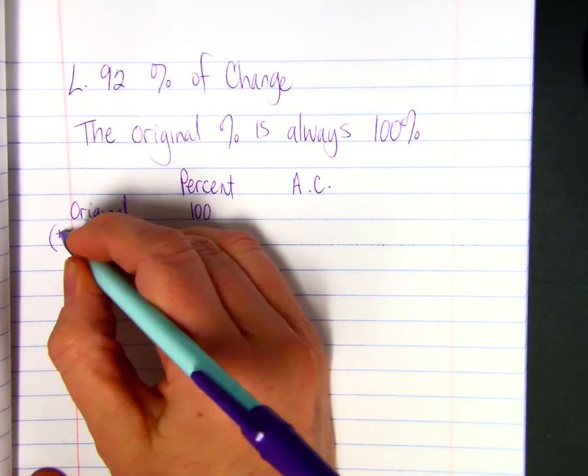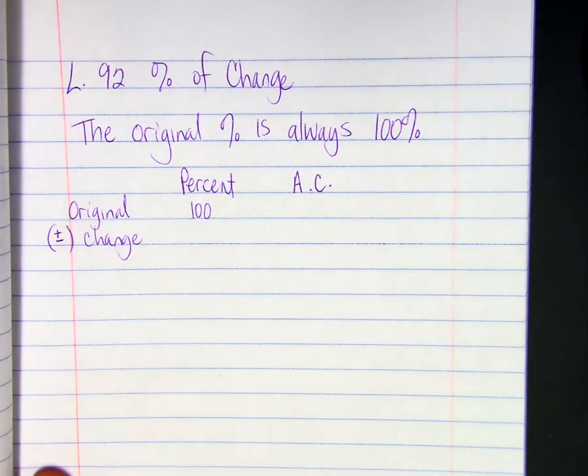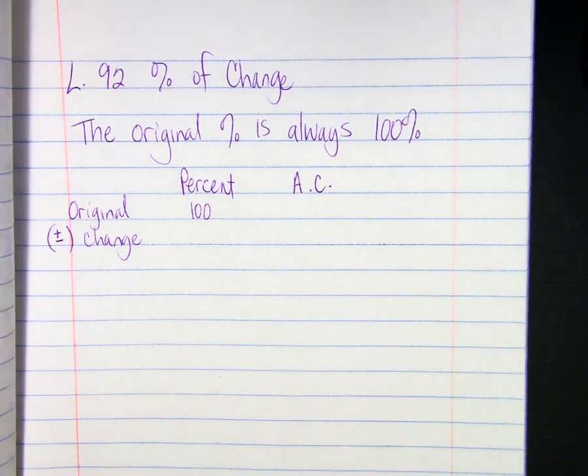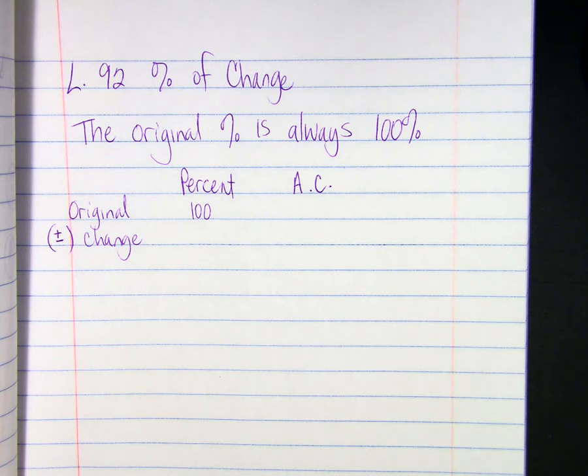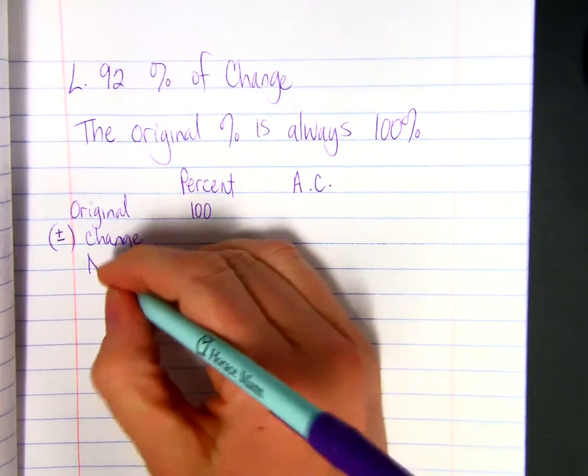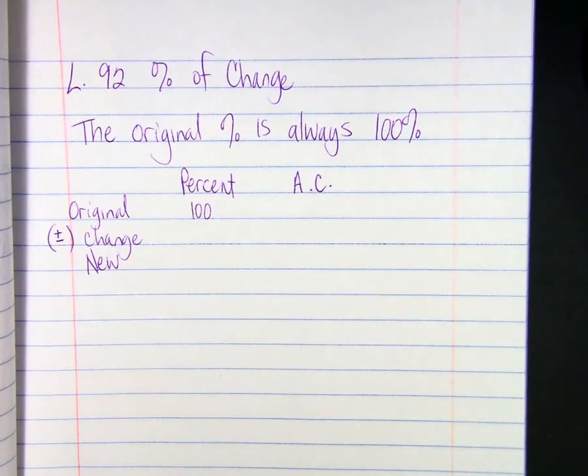So we put a little plus minus sign here because you may be increasing the price. You know how stores get their inventory, they buy it and they raise the price up so that they can make money off of you. That would be an increase. Or if they are trying to sell it, they'll decrease, and so you would subtract the change. And then you have the new price.